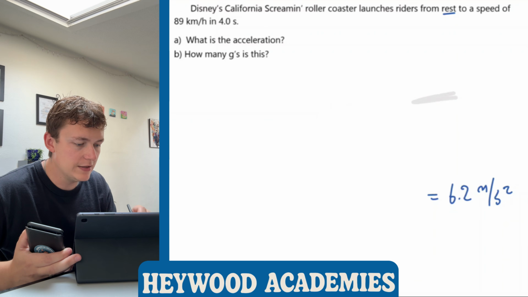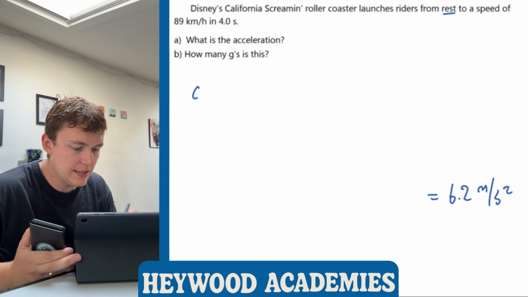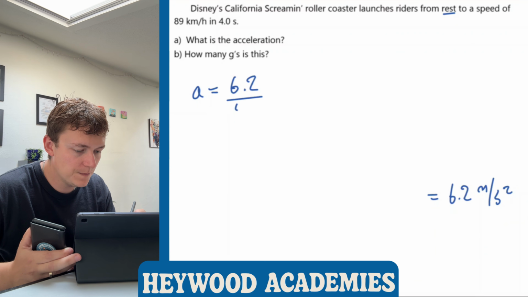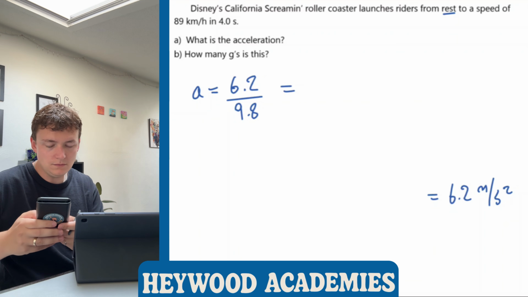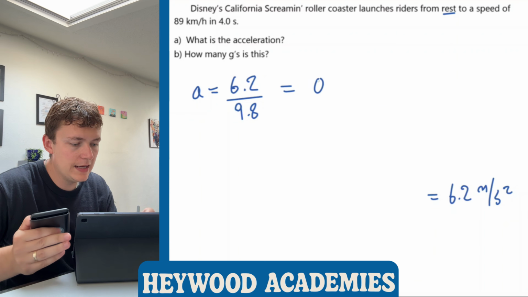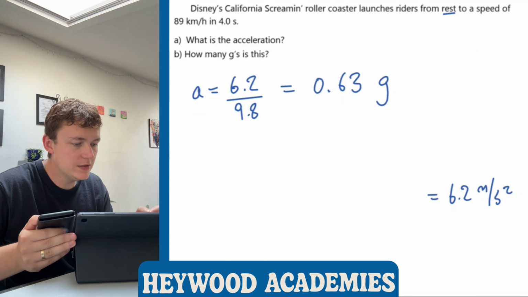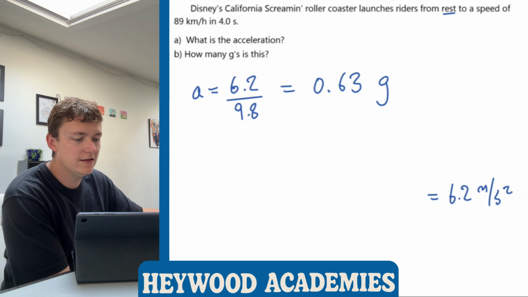So this is where we've got to do that thing where we divide by 9.8. So we can take our acceleration as 6.2 divided by 9.8. And if we plug that in, we'll get 0.63.